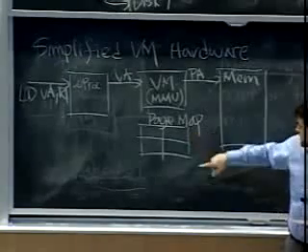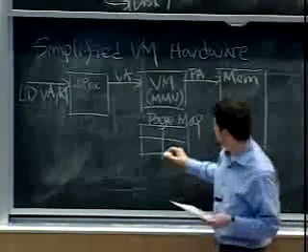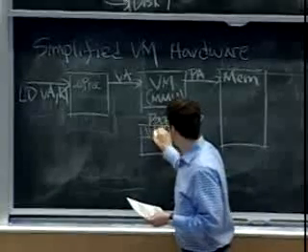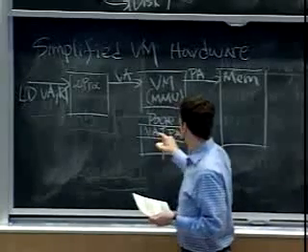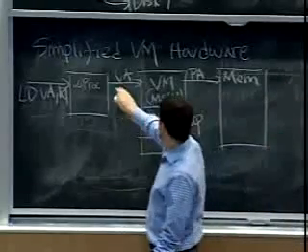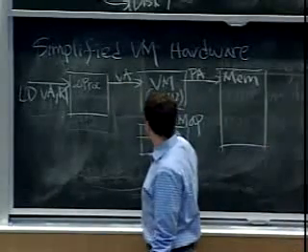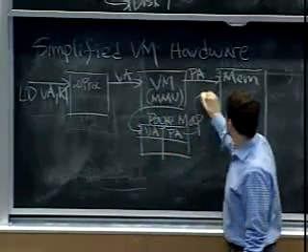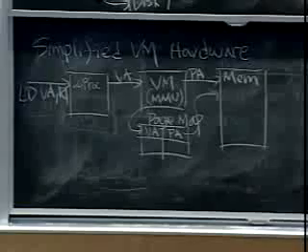This is a page map, and what a page map basically has is a table of virtual address to physical address mappings. So when some virtual address comes in, the virtual memory manager looks up that virtual address in this page map, finds the corresponding physical address, and then looks that physical address up in the actual memory.